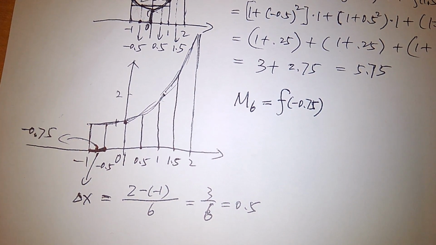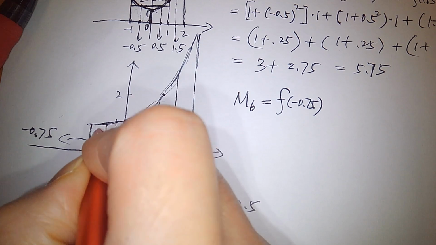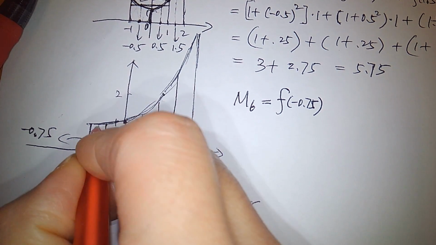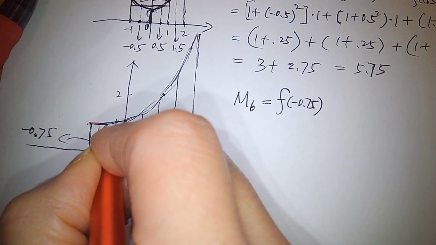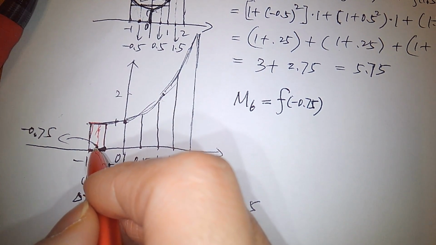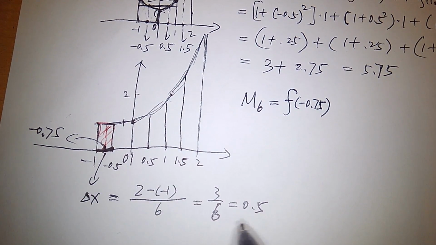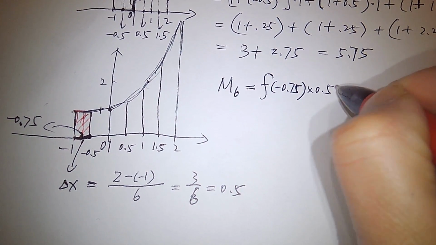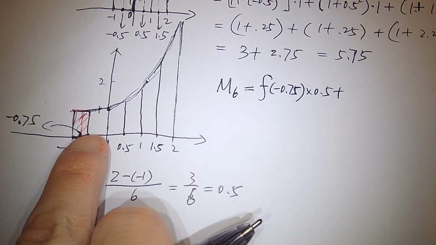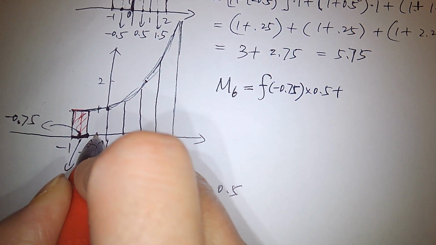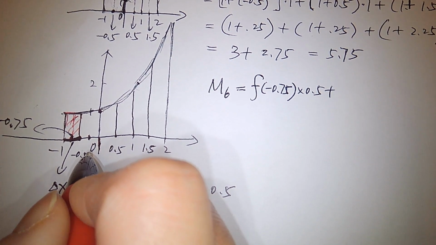I have a red pen here with me. So, midpoint, we have this rectangle, okay? The height is f of -0.75. What is the width? 0.5, right? Times 0.5, plus, in this subinterval from -0.5 to 0, what is the middle point? -0.25, right?